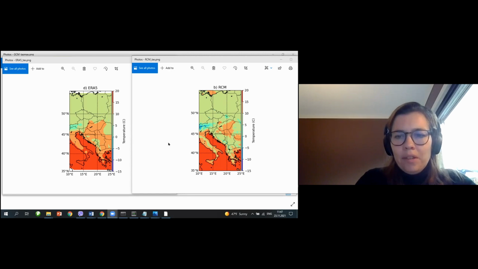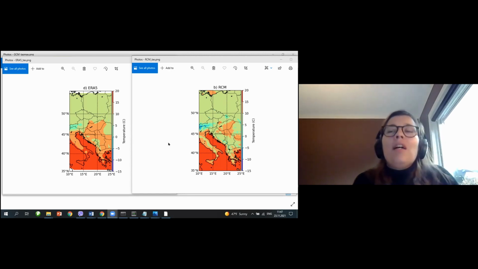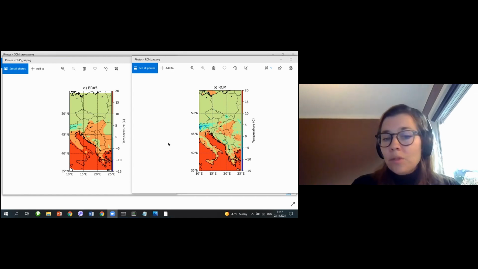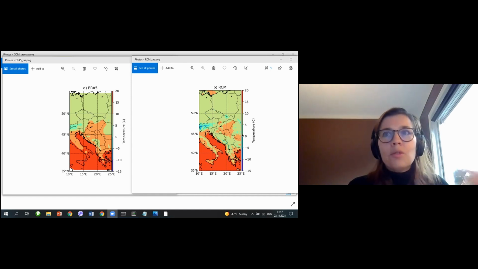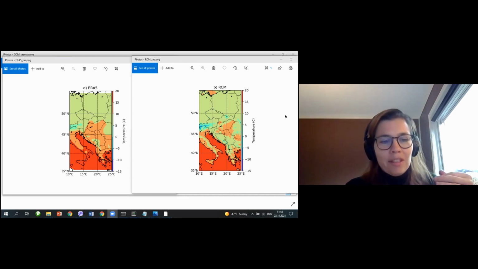So basically, what I wanted to show you is, first, that you can use reanalysis to assess how your climate data are, but the reanalysis are not perfect. They are a combination of observation and a model. You can also use other types of data, satellite data, ground observation, because regional climate models can go sometimes at higher resolution than reanalysis.